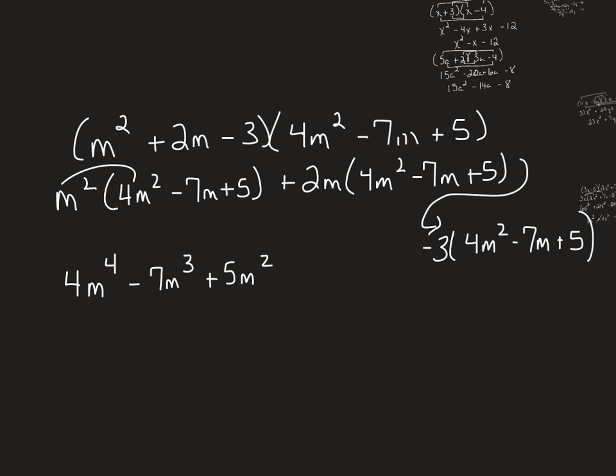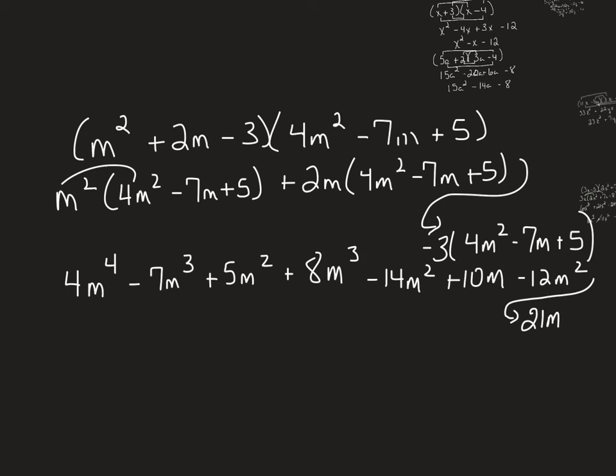Just keep going. 2m times 4m squared is plus 8m cubed. 2m times negative 7m is negative 14m squared. 2m times 5 is 10m. Negative 3 times 4m squared is negative 12m squared. Negative 3 times negative 7m is positive 21m. And negative 3 times positive 5 is negative 15.